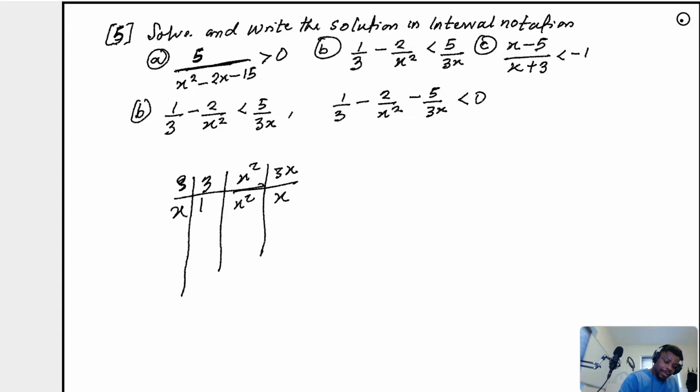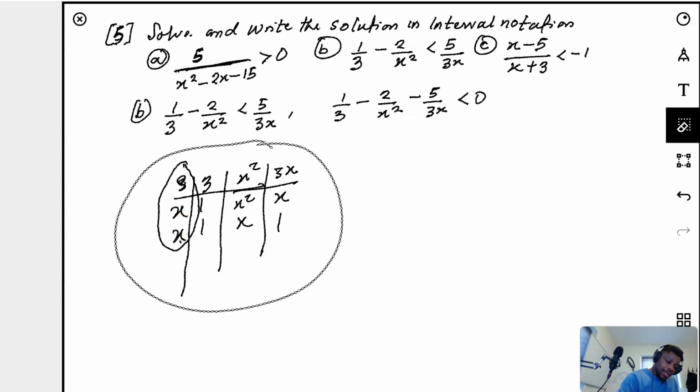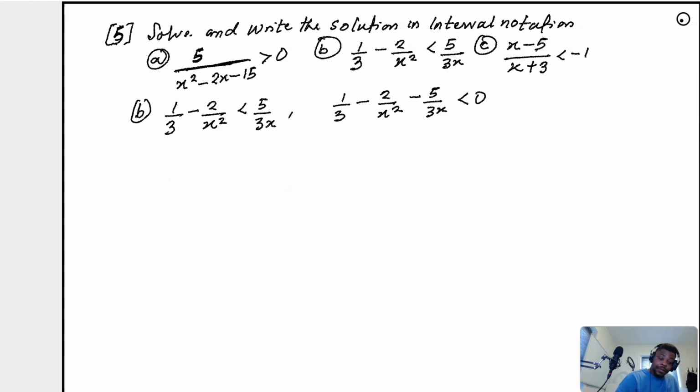What can go? x, 1, x, and 1. What can go again? x. So what is that? 3 times x times x, that is 3x squared. So the LCM here is 3x squared, which I'm going to use to multiply.